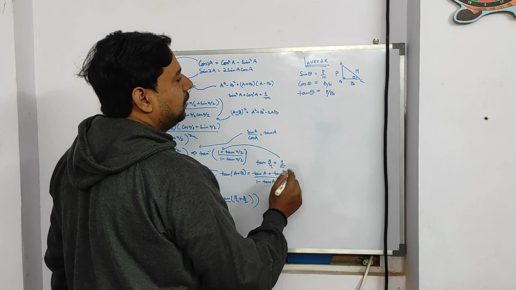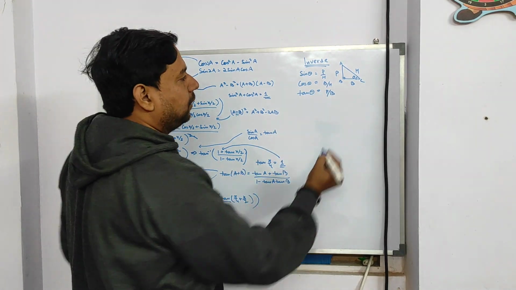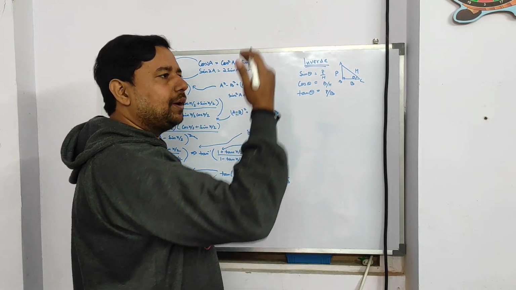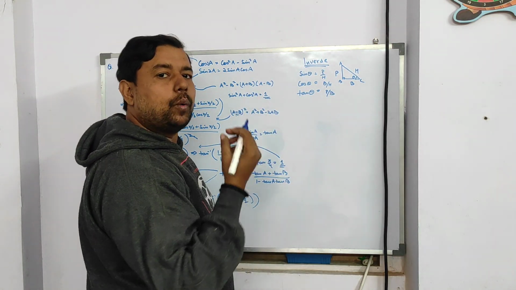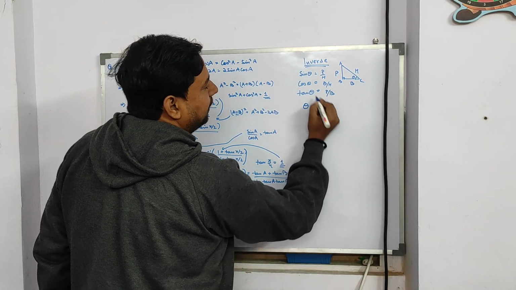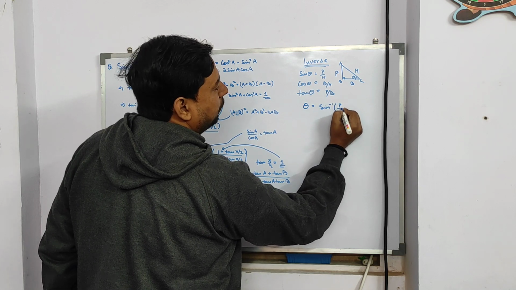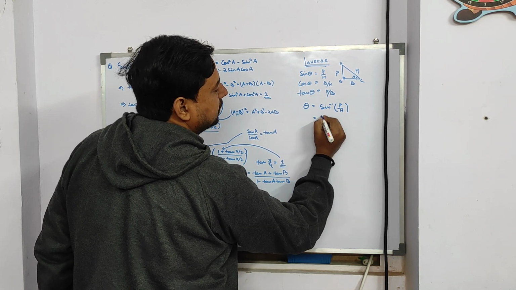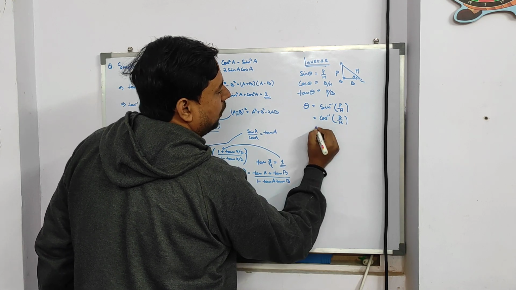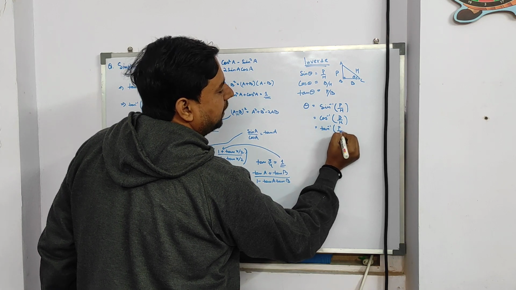Okay. So now inverse means we have to find the angle. We have the ratio of the sides, either in simplified form or in ratio form, and we have to find out what angle that value would be. It means theta would be, in case of sine, sine inverse of perpendicular upon hypotenuse, or in case of cos, cos inverse of base upon hypotenuse, or for tan, tan inverse of perpendicular upon base.